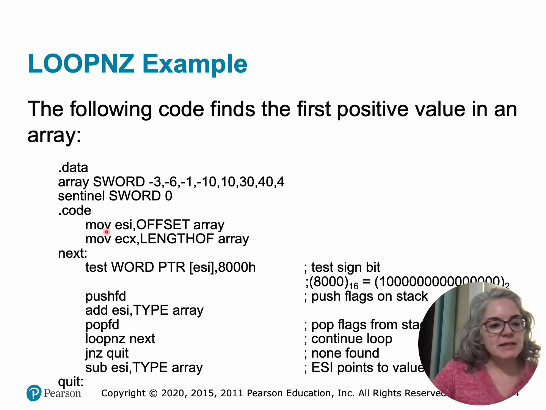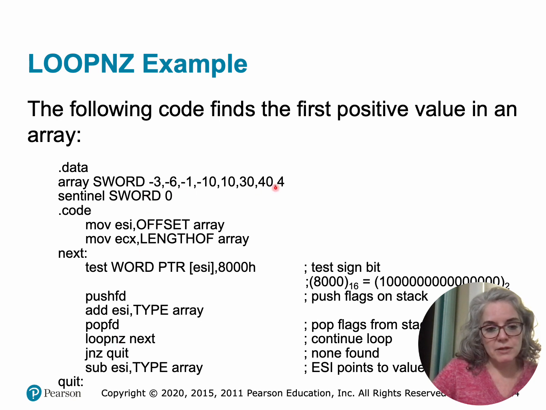The first line here moves the address of the first element of the array into ESI. So ESI points to where that negative 3 lives in memory. ECX is going to hold the length of the array. This array has 8 elements, so ECX is 8. That means that this loop, LOOPNZ, iterates a maximum of 8 times.